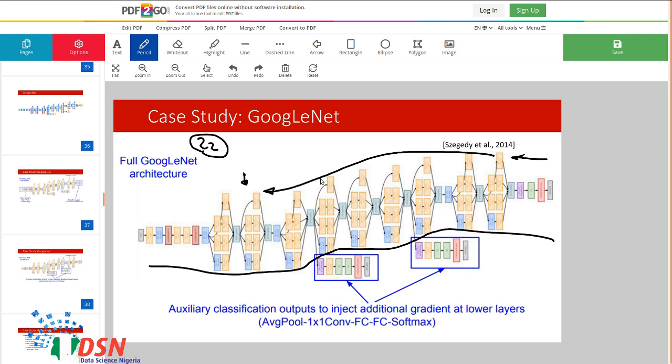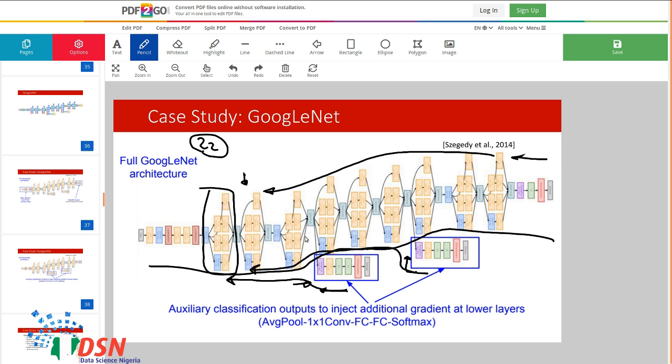So to mitigate this problem in GoogleNet, we use some auxiliary branches to get the same output as in here, to inject some gradient also from these paths into the network. So now to update the weights in this layer, it gets the gradient from this branch and this branch and also this branch.